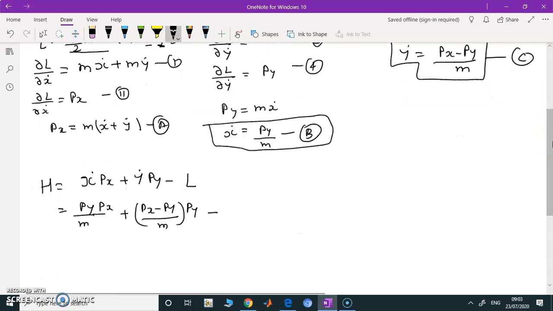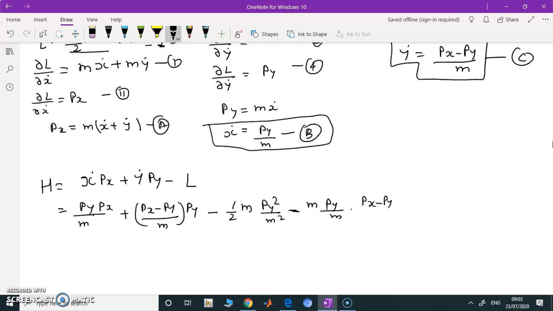So it will be 1 by 2 m x dot square. x dot square will be py square by m square, and the second term is minus m x dot y dot, so it will be py by m and px minus py by m.